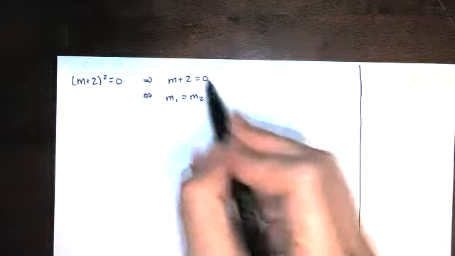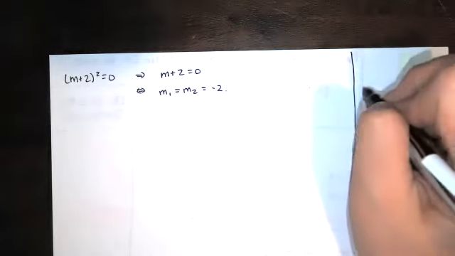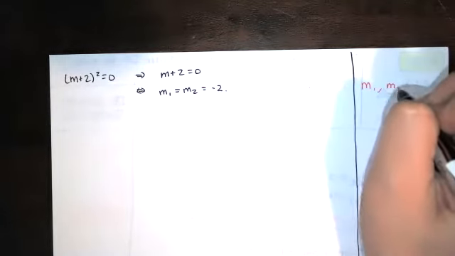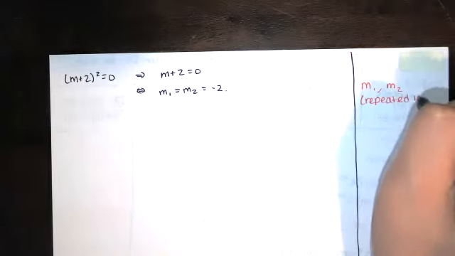That equals 0 when m plus 2 equals 0. So that means that m1 and m2 are both equal to what we get when we solve that for m. So that's just going to be a negative 2. We happen to have a repeated root this time.